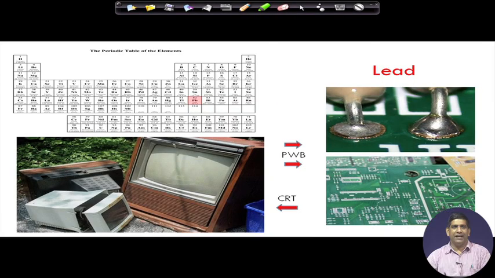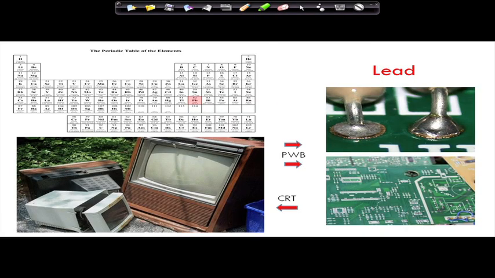So what are the toxicity concerns from the e-waste perspective? Lead. We are concerned about lead. It's in the printed wire board, mostly CRTs. Why are we concerned about lead, which I have explained earlier as well: lead affects brain development. It's a neurotoxin basically.